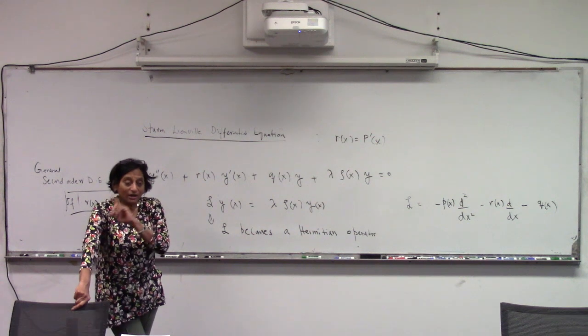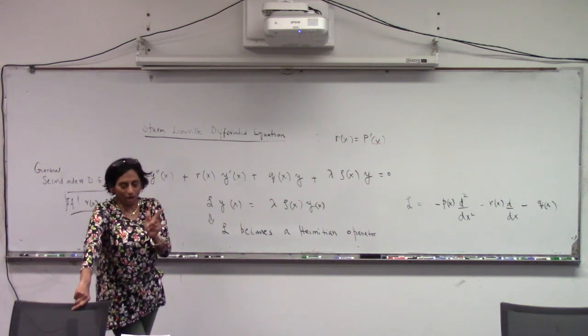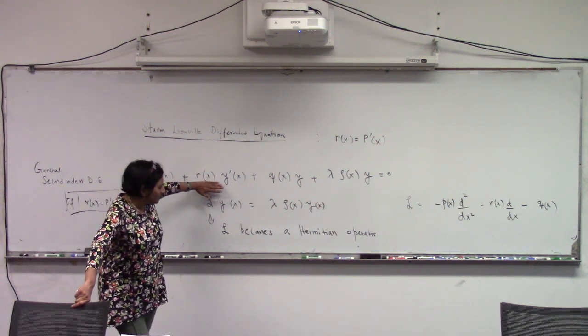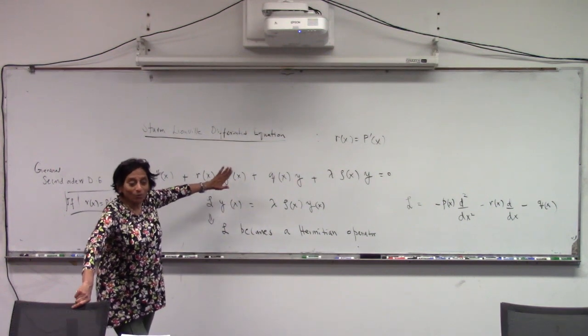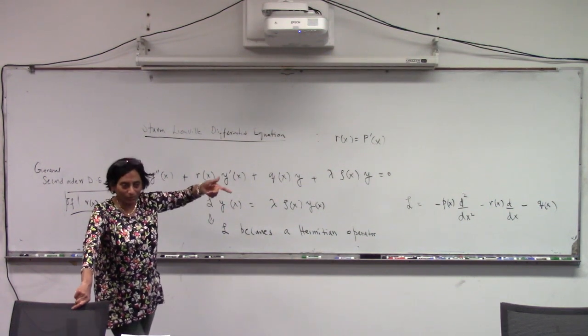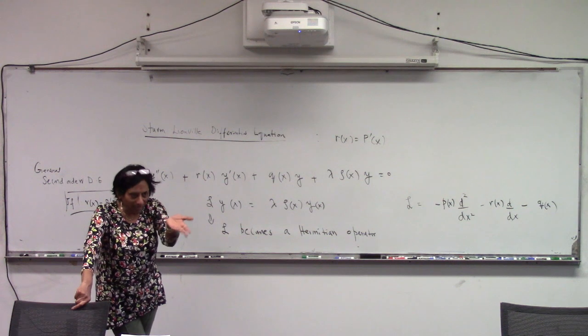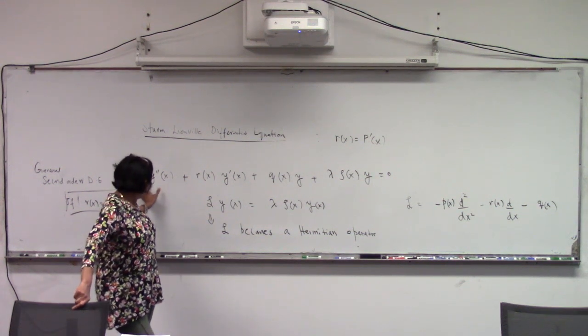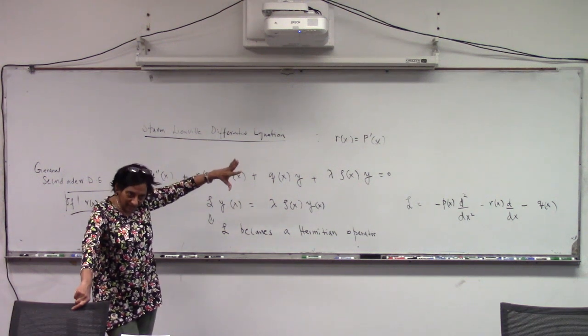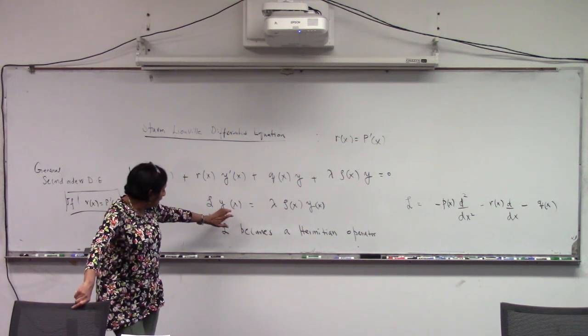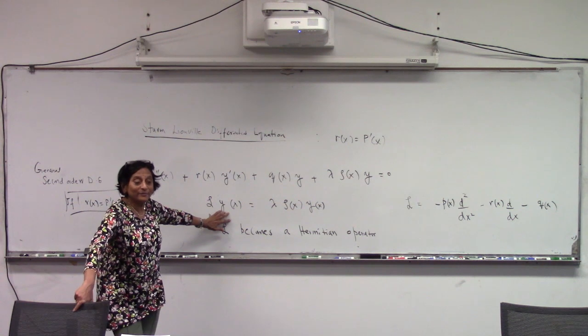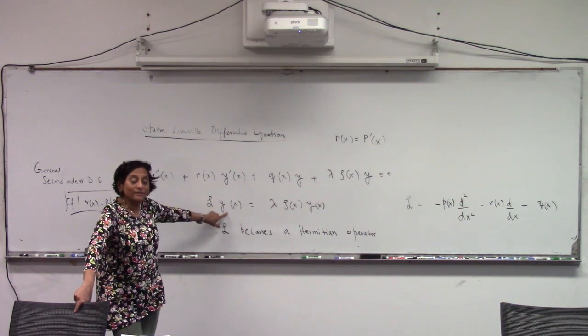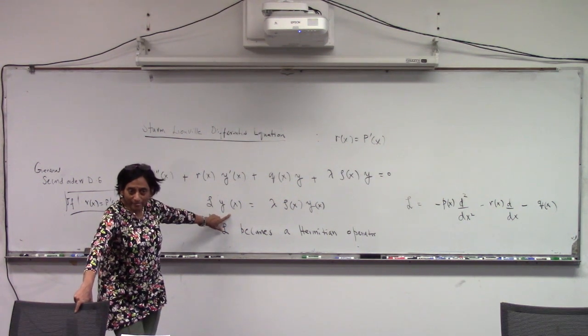For others which are not automatically Sturm-Liouville, we have to convert them into Sturm-Liouville form through something I'm going to talk about, the integrating factor. Once we have that, we multiply the original differential equation by that integrating factor, and then we can write an orthogonal property for the solutions from there.